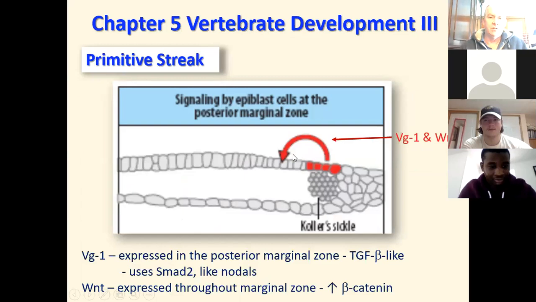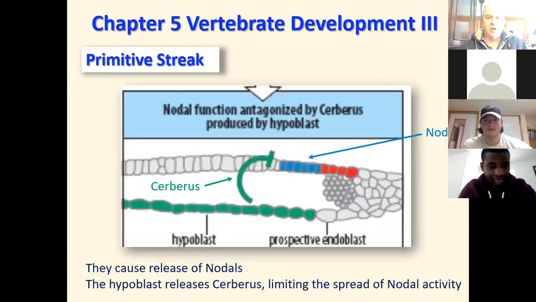So you've got nodal and Wnt coming up, and you've got your hypoblast all across here, and that FGF and Wnt are going to induce these epiblast cells to start releasing nodal, and that nodal release is going to be blocked from going in this direction because the hypoblast is releasing Cerberus. So that's blocking the spread of that and stopping the start of the primitive streak movement to the anterior side.